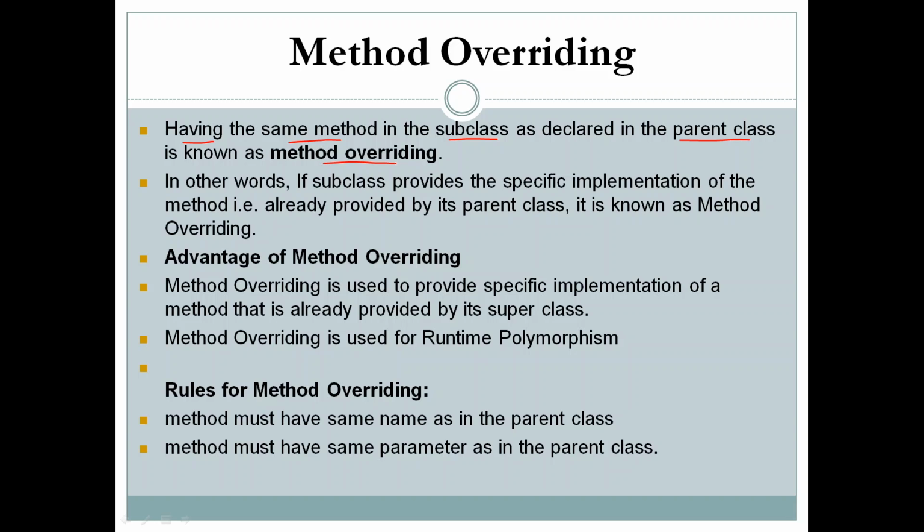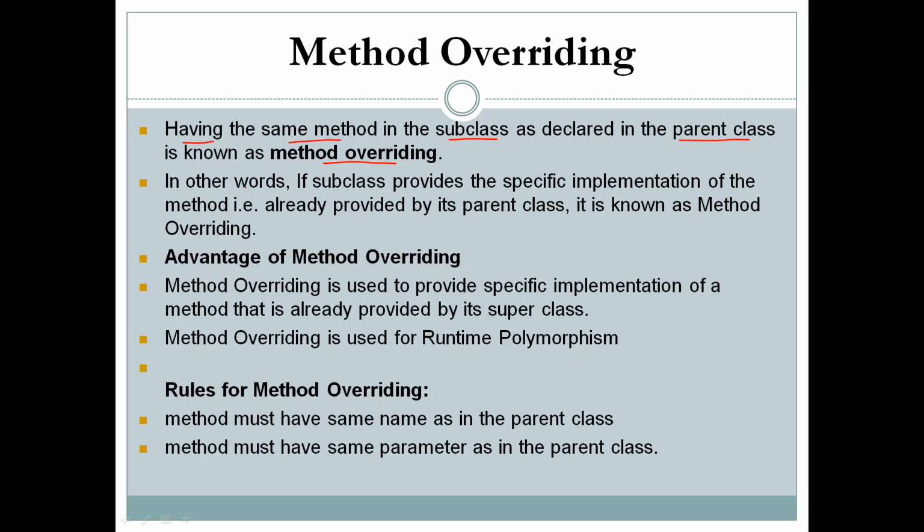When the child class declares the method which is declared in the parent class, and the signature of the method is the same, then it is called method overriding.